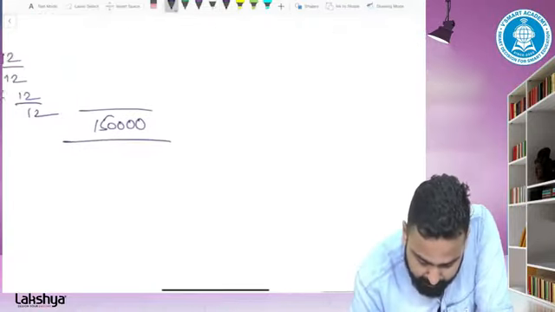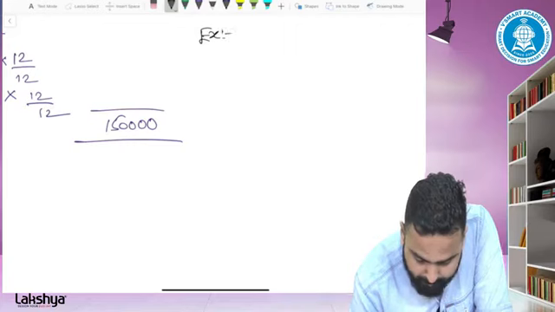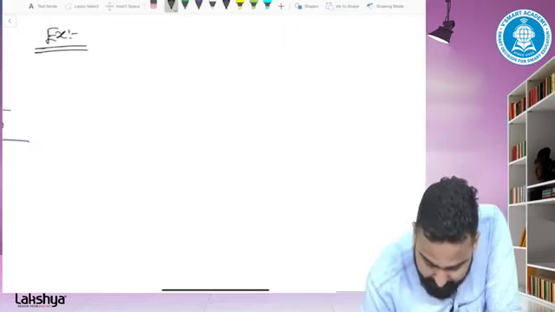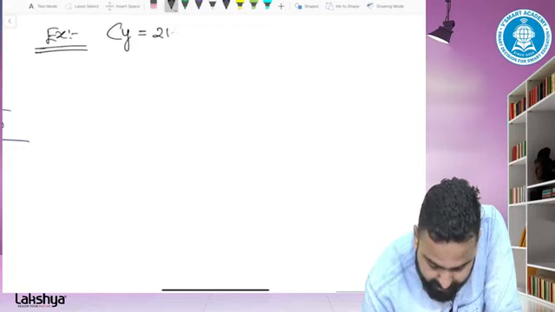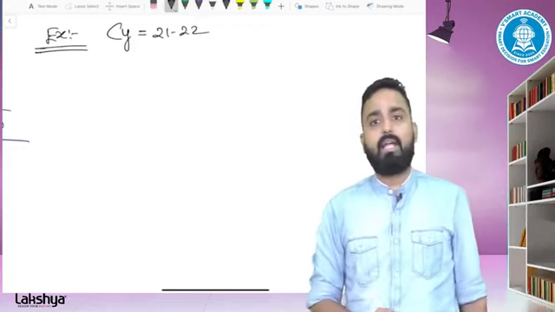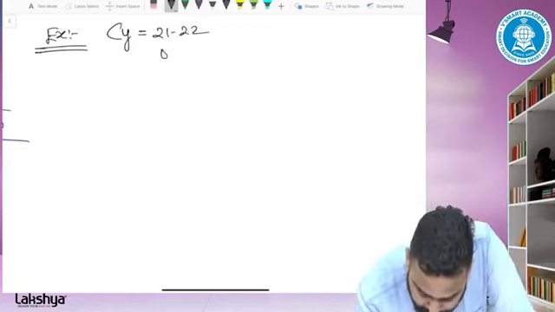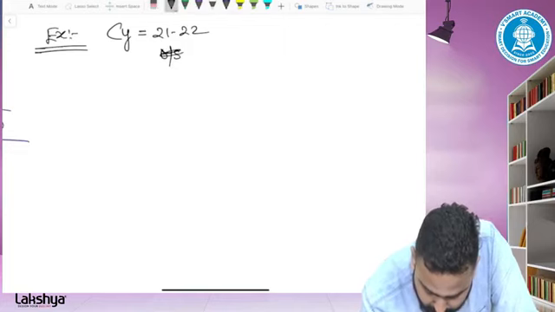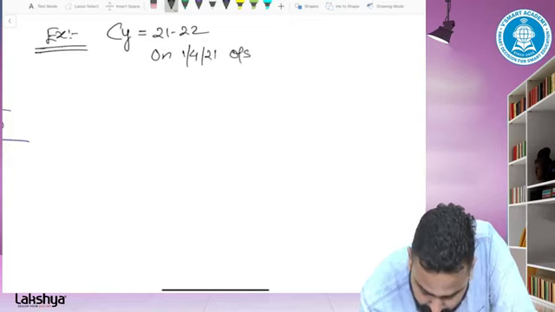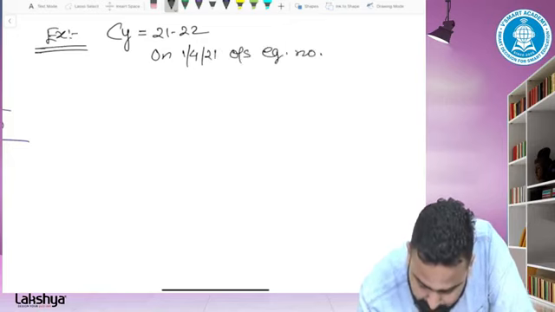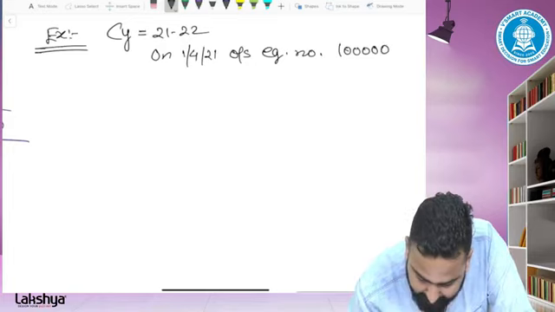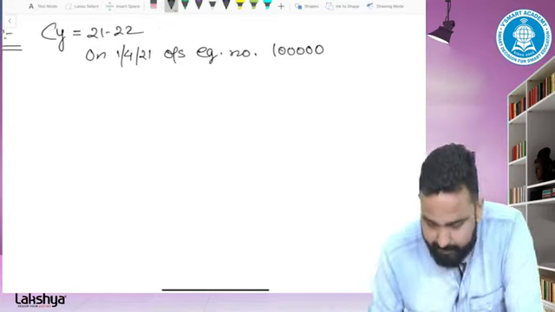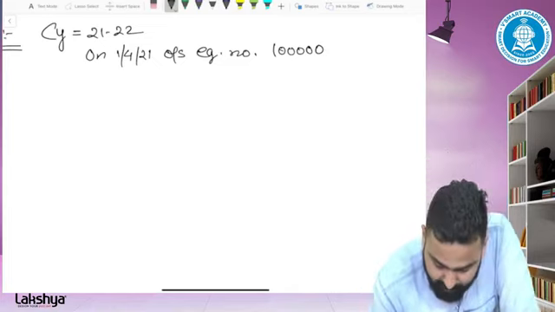Let us take an example of bonus. My current year is 21-22. Outstanding equity numbers on 1/4/21 are 1 lakh.